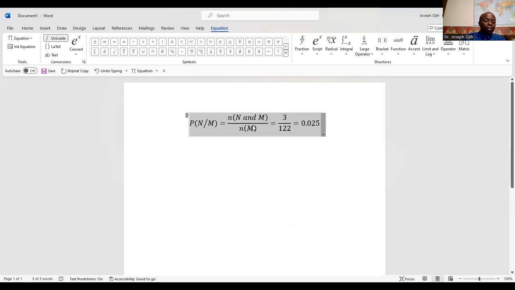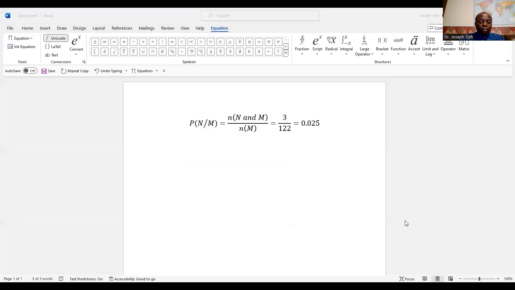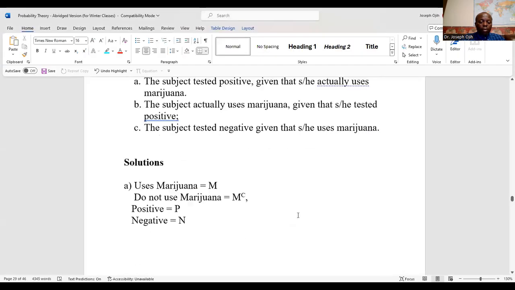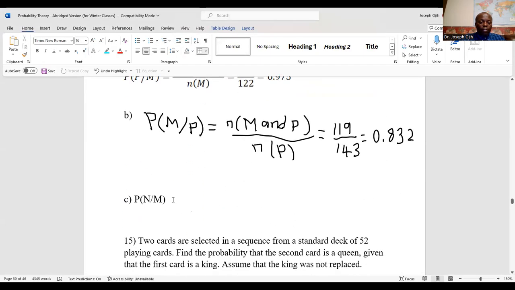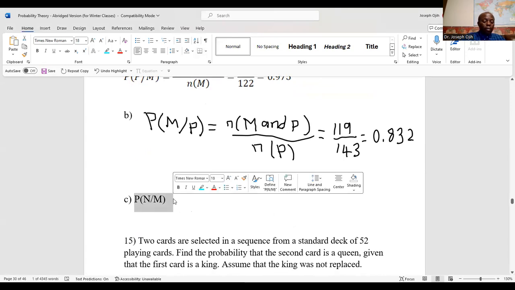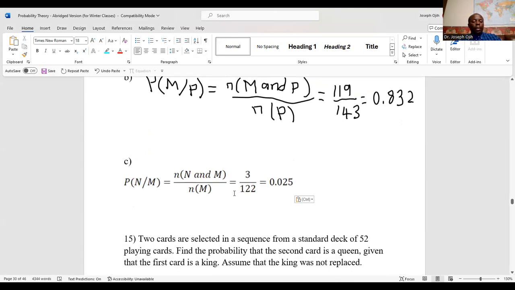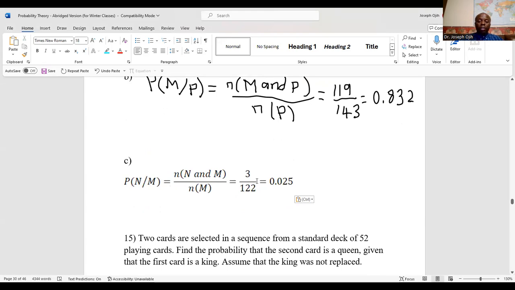I copy this and paste it right there. That means there is a 2.5% chance that a subject who uses marijuana tested negative.